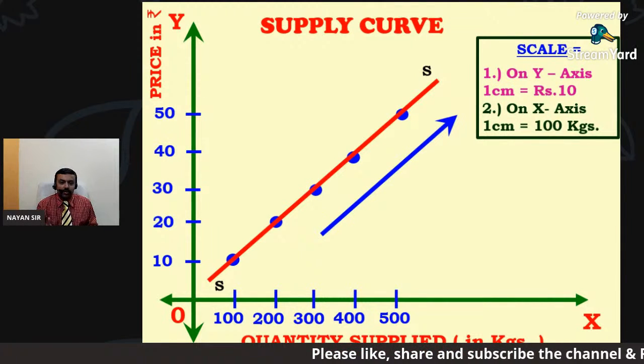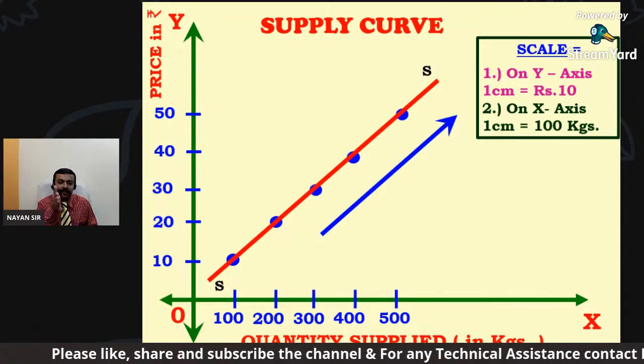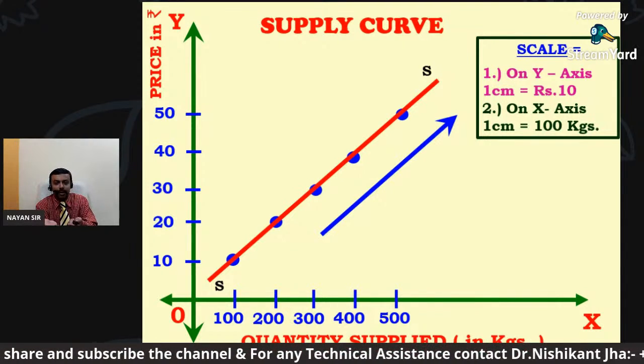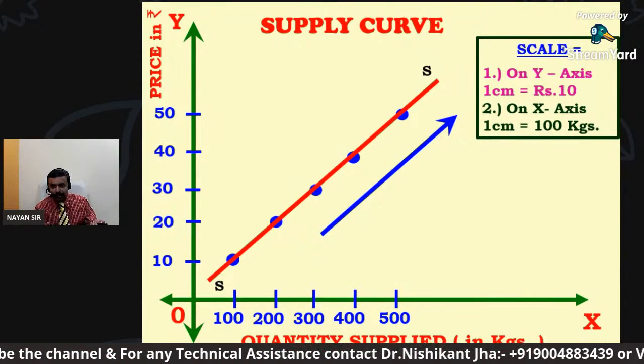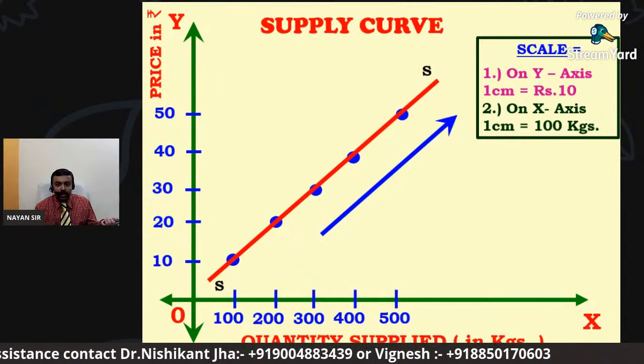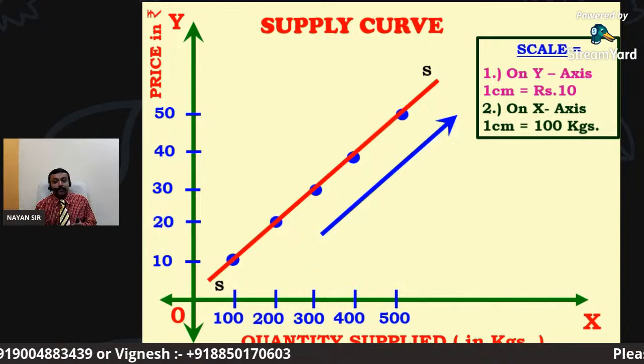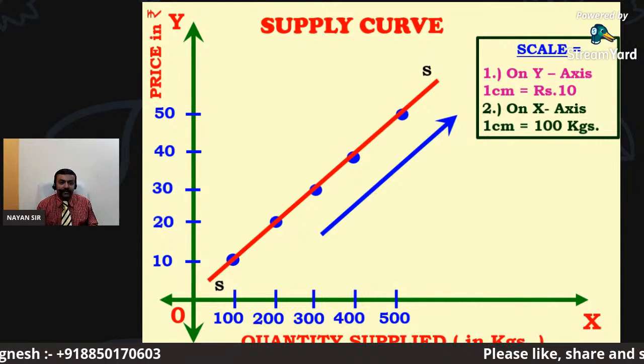Friends, the graph on the screen is nothing but a graphical representation of the supply schedule, which is converted into a supply curve. As I told you, the quantity supplied is shown on the base x-axis, and price is shown on the vertical y-axis.